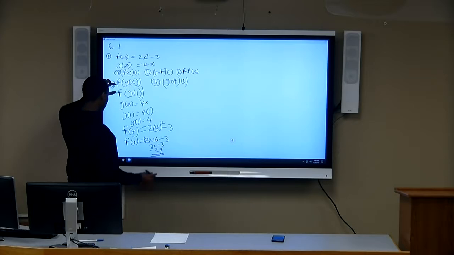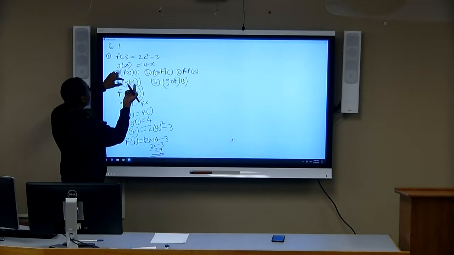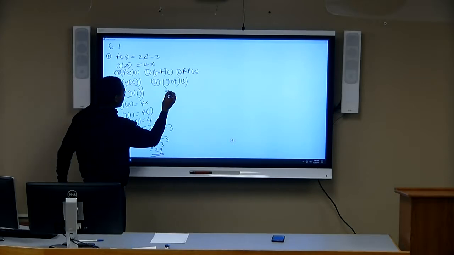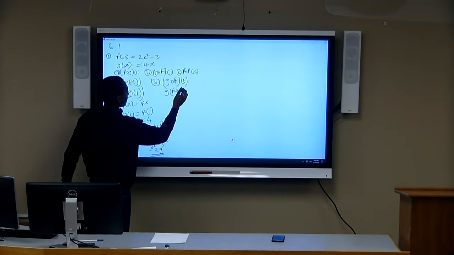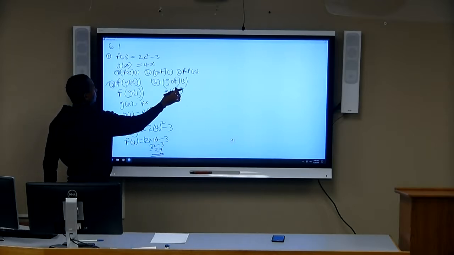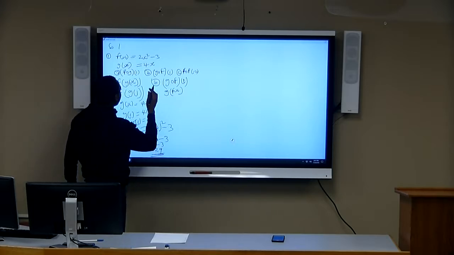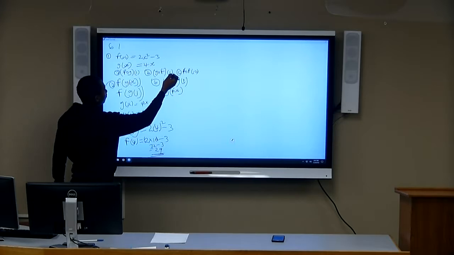It's the same as g circle f of x. So it means we're going to find the value of f of x and put it inside the function of g. So f of x is the same as f of 1 here, because x is equal to 1. That is g circle f of 1.